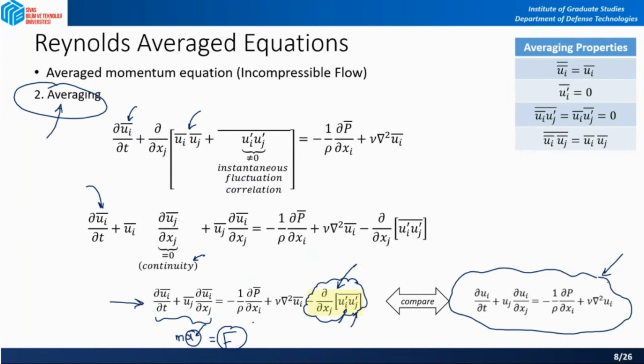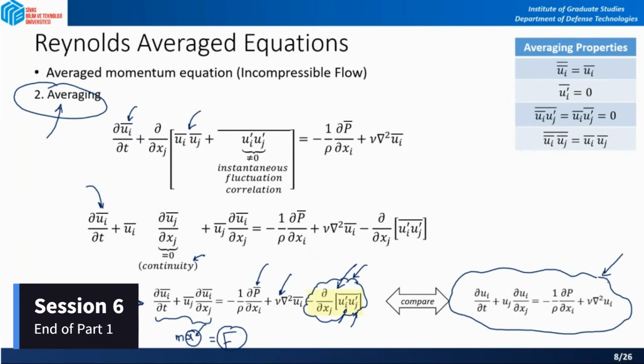So if there is a pressure difference in your flow field, that will accelerate or decelerate the flow. So this is the pressure, right? If there are some viscous forces or viscous effects because of frictional losses, it will also accelerate or decelerate the flow. And the last one, this term in here, also does the same, but we don't know the physics of this one. So what is the physics of this one is quite a mystery right now for us.